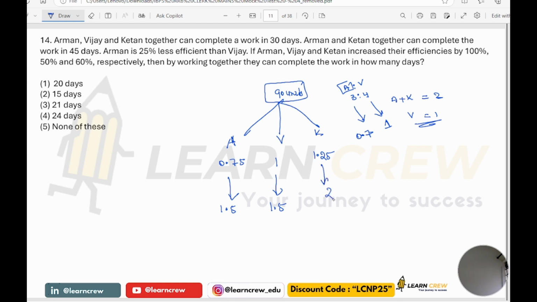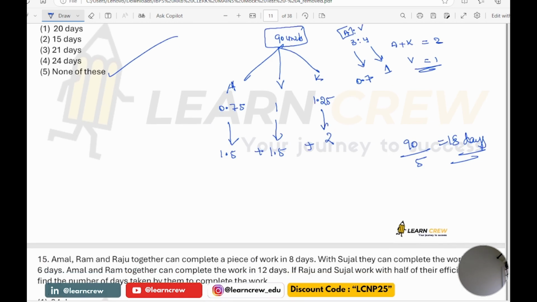It is 0.75. So it becomes 2. 1.5 plus 1.5 is 3, plus 2 is 5. 5 units per day to complete the total of 90, so 90 by 5 takes 18 days. So the answer is 18 days. So the answer is none of these.